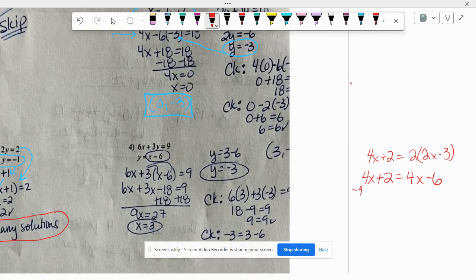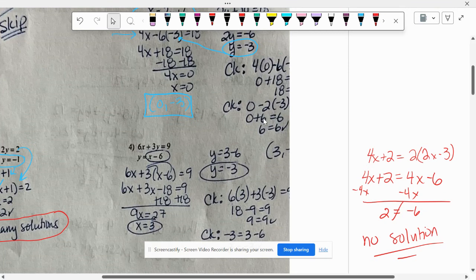When I cancel out or move my 4x's, I end up with a false statement, 2 equals -6, and that's not true. So this is an example of no solution, and you're going to get the same type of solution when you solve a system.